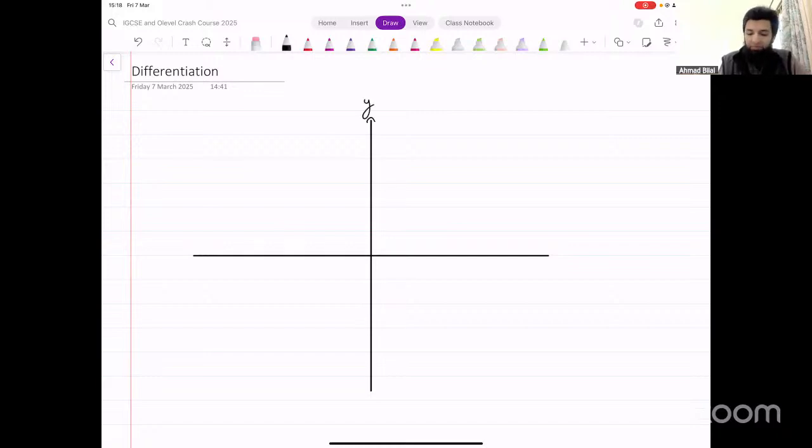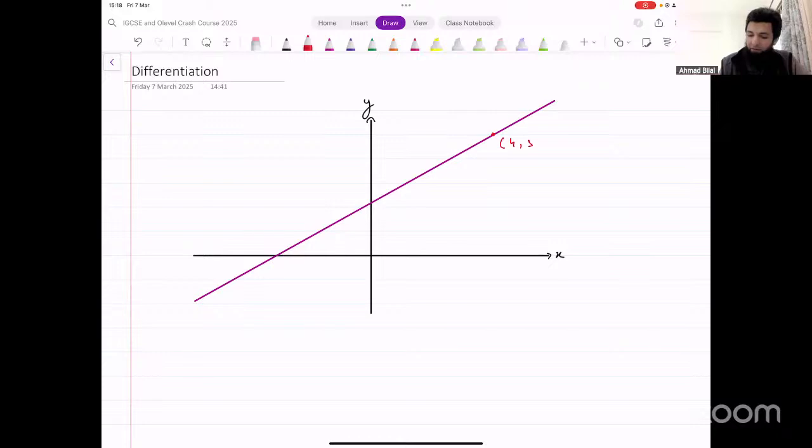For example, if you have a straight line going this way, and let's suppose there's a point on this line that has coordinates (4, 5), and there's another point on this line with coordinates (-1, 1). This is another point that I have on this graph.